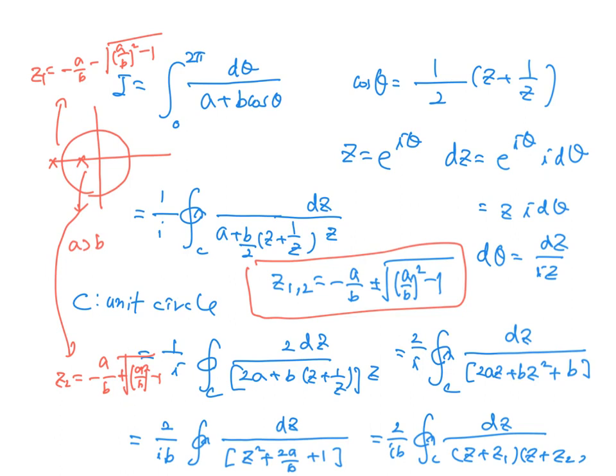So maybe I will explain it again. So let's do this. Remember the formula 2 over ib. We have the partial fractions with c1 and c2, right?